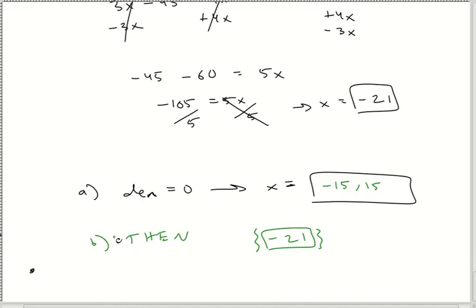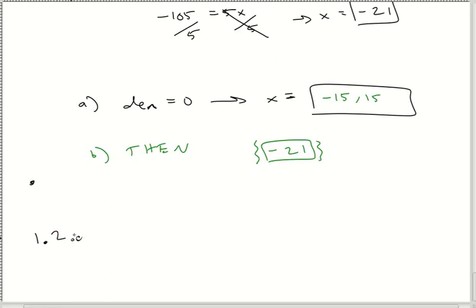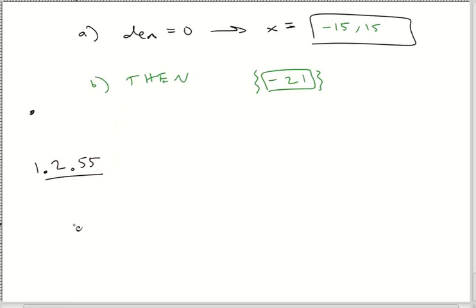Okay. Next one. 1, 2, 55. I got y sub 1, that's a little 1 down there, subscript, is equal to 3 over x plus 5. I got a y sub 2 is equal to 4 over x plus 3.